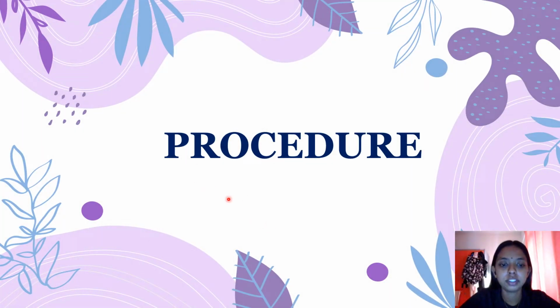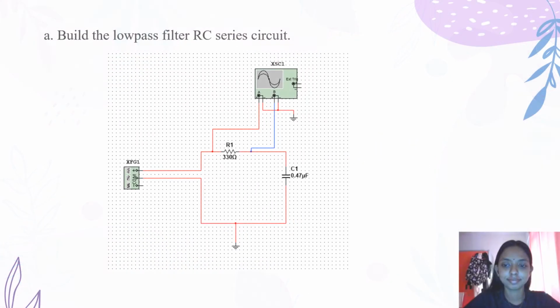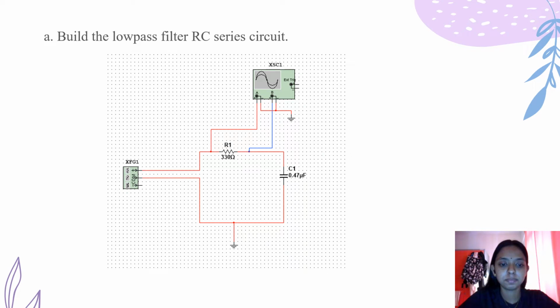Next will be procedure. Build the low-pass filter RC series circuit. If you can see, this is the function generator and this is the oscilloscope.